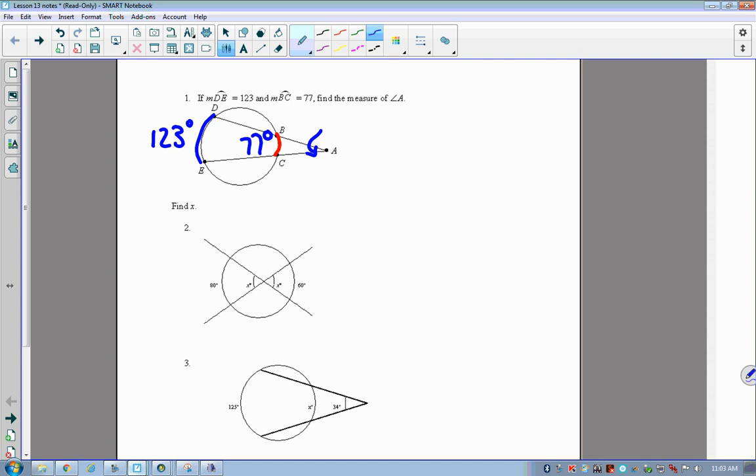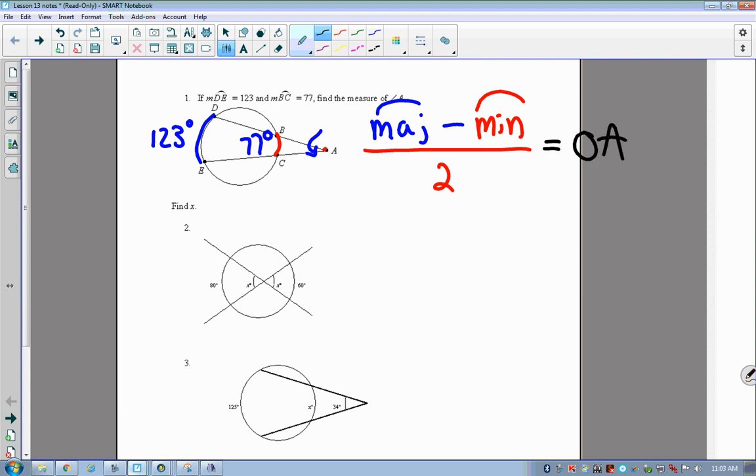So here's my formula: major arc minus minor arc, divided by 2. That's how I'm going to find this outside angle. So we'll call it OA. Major arc minus minor arc divided by 2 equals my outside angle.